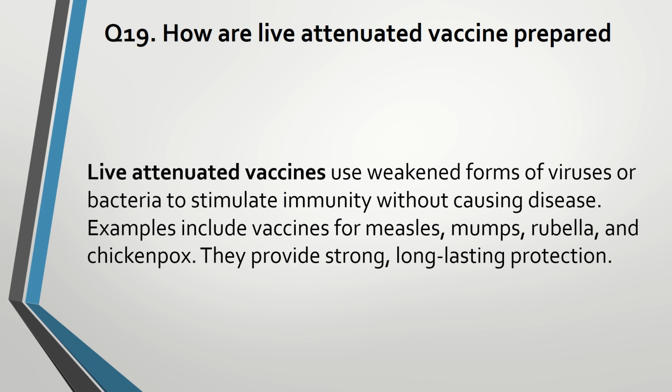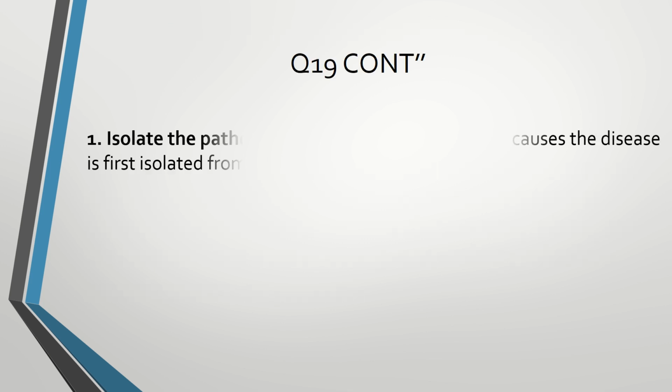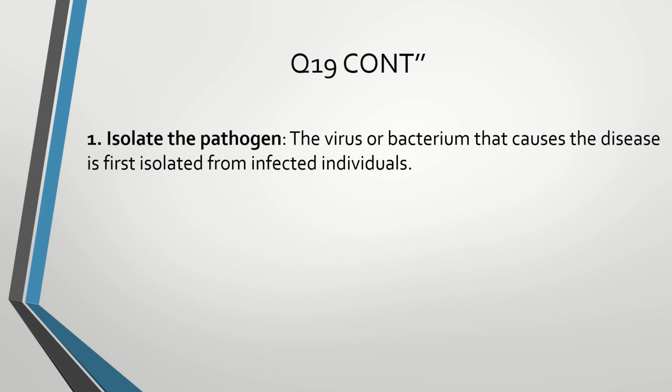The first step in the preparation of the live attenuated vaccine: it contains attenuated virus or bacteria, so we require its attenuated form. Firstly, we have to isolate the pathogen from the infected individual. We isolate the virus so that we can use it in the preparation of the vaccine.